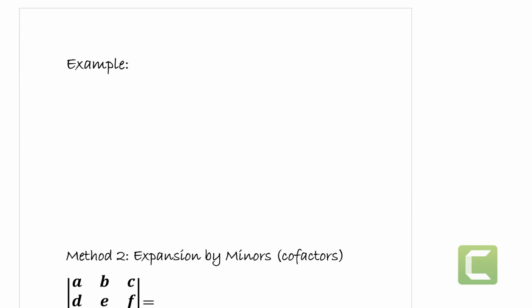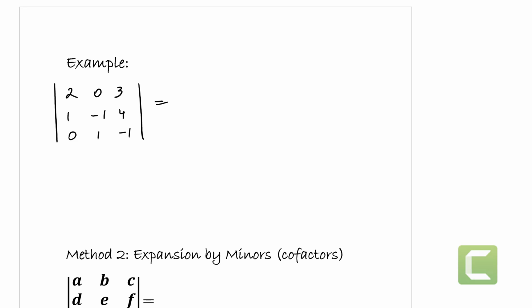So let's see an example. So I want to solve this example, and I'm going to use Sarrus method. And I prefer to use it by rewriting the first two rows, so I'm going to do just that.